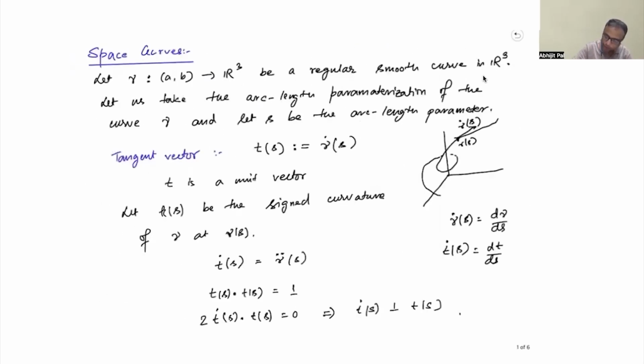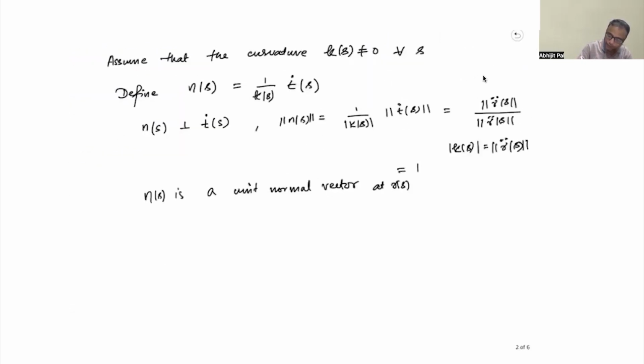Again, if I go back to this picture, we have this three-dimensional space, and suppose we have some curve like this.